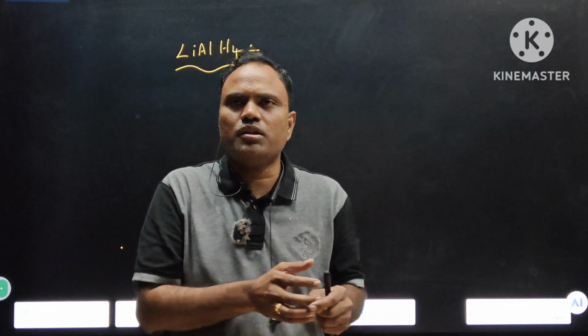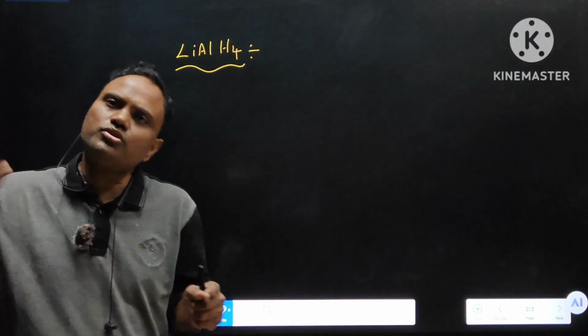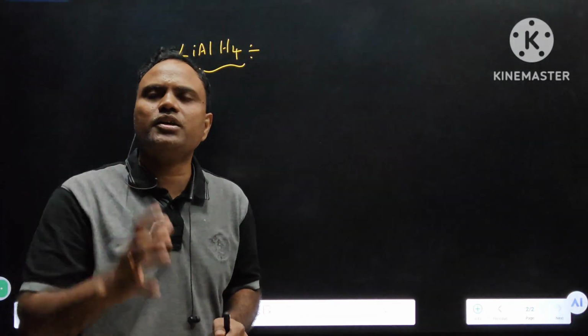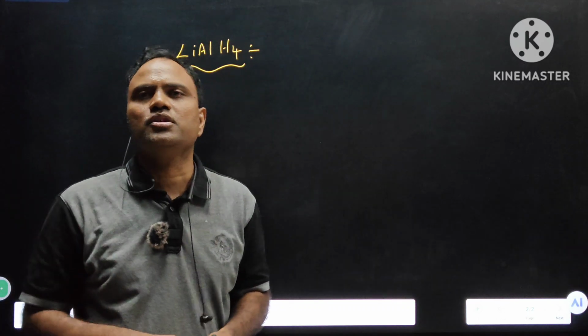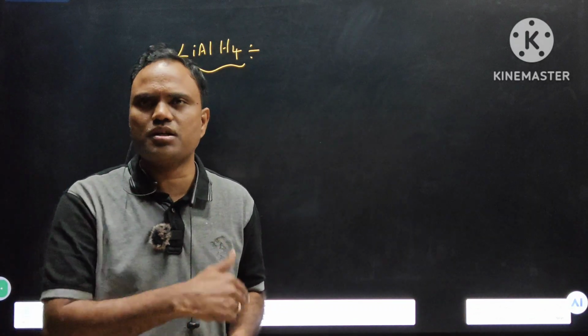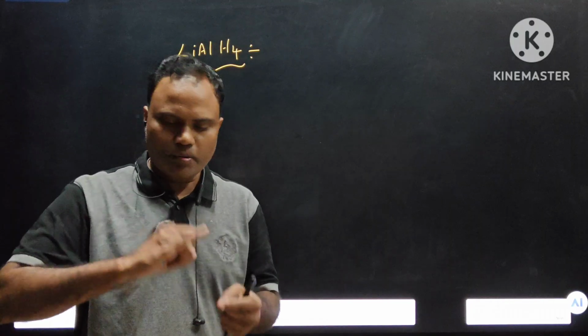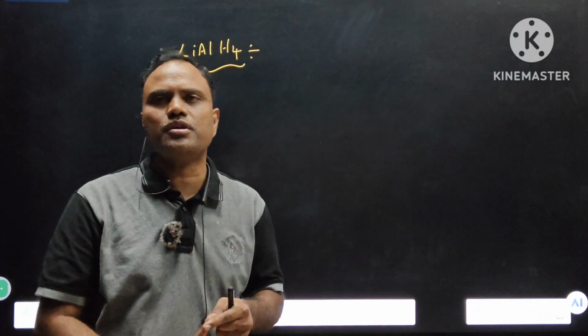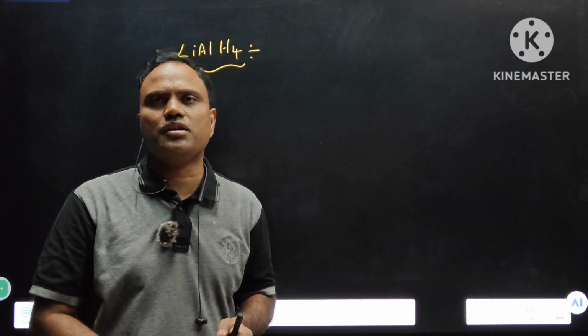Three functional groups are there, but this reagent reduces all. So it is a non-selective reducing agent. I'll give you examples also, you can understand easily. So powerful, non-selective, versatile reducing agent.